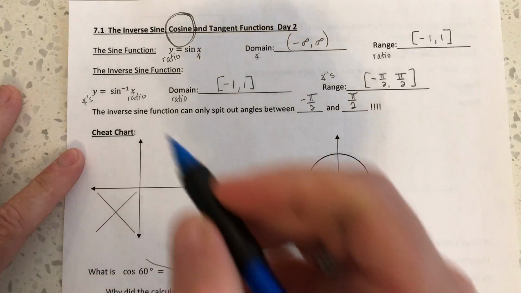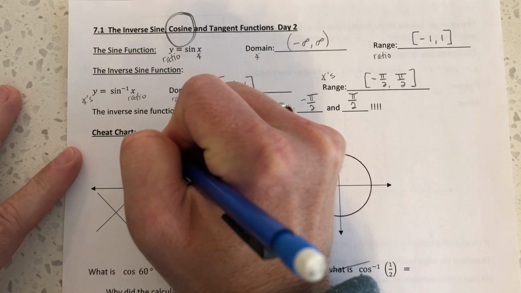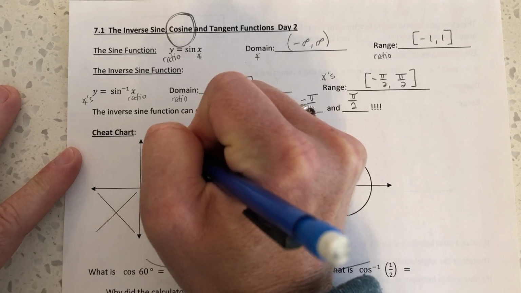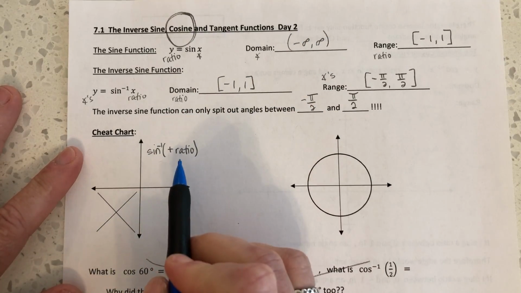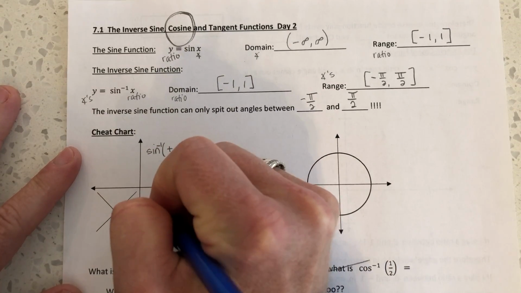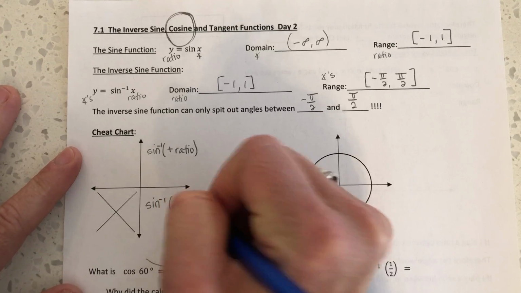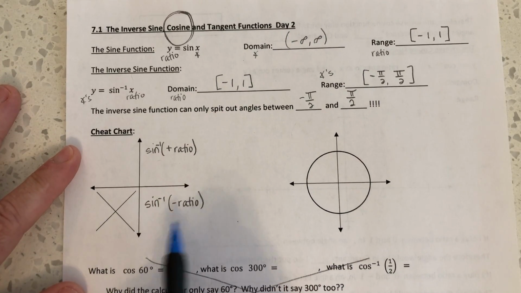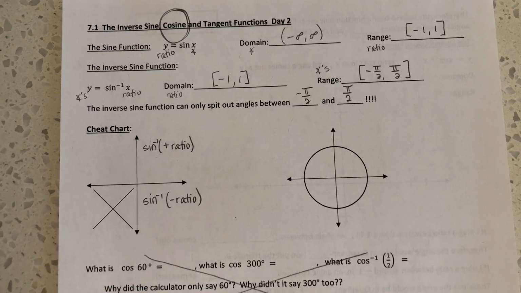We saw that if you take the inverse sine of a positive ratio between 0 and 1, it's going to spit out a quadrant 1 angle. You know that, all right? If you take the inverse sine of a negative ratio between 0 and -1, it's going to spit out a quadrant 4 angle between 0 and -pi/2. That's how the inverse sine function works.